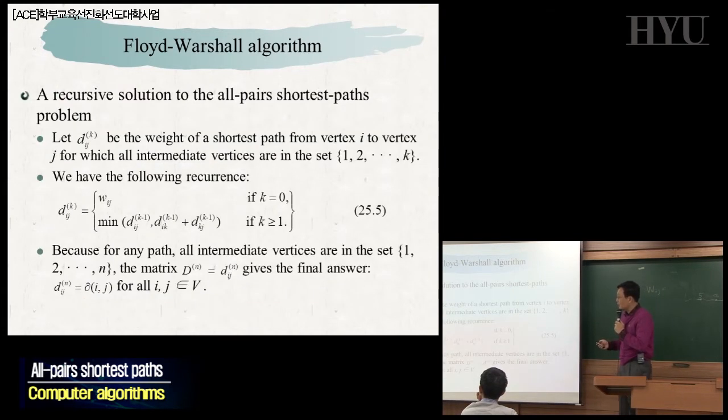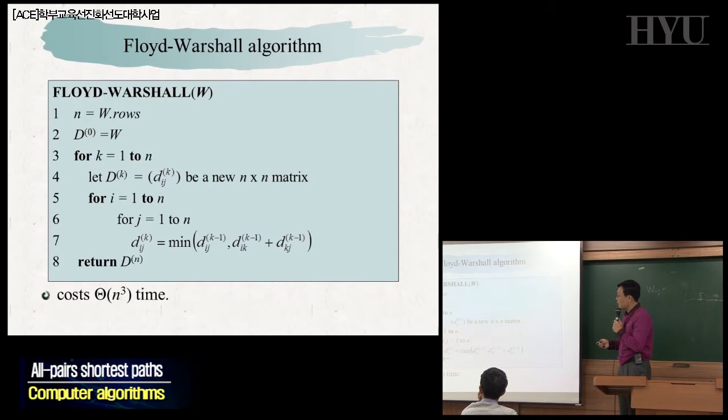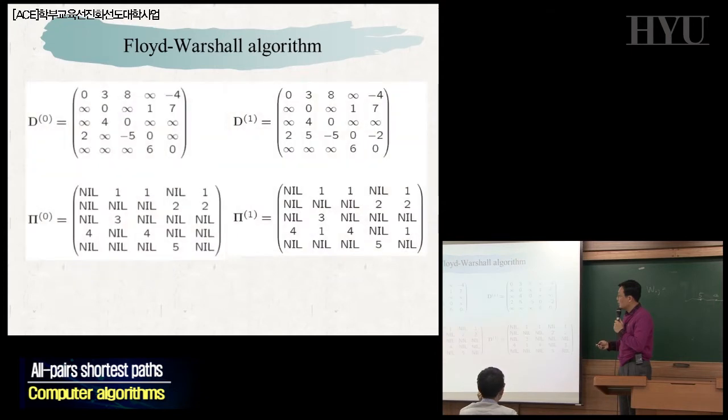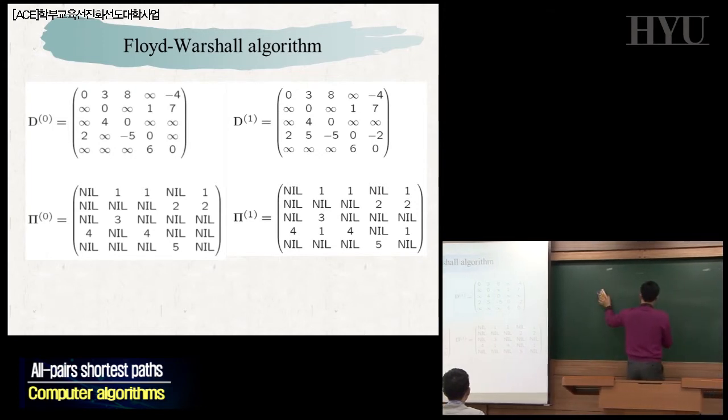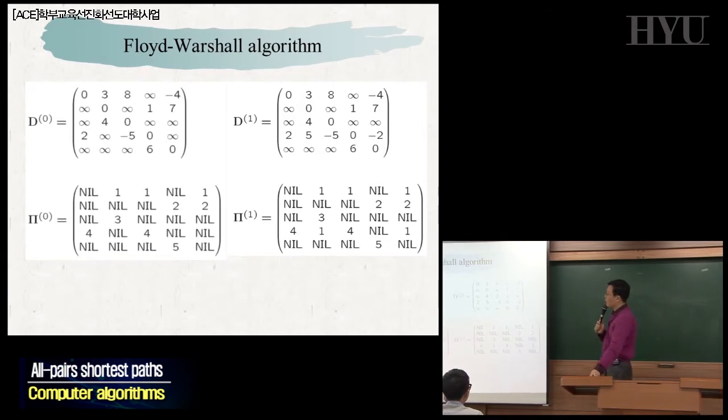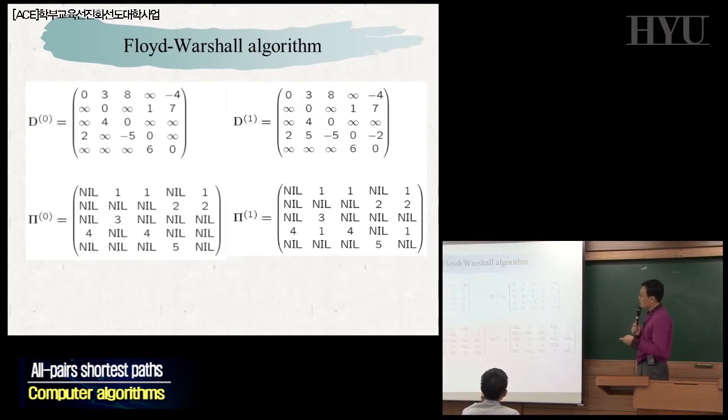Okay, I'll explain using this example first. Initially, we initialize D0 and pi 0.